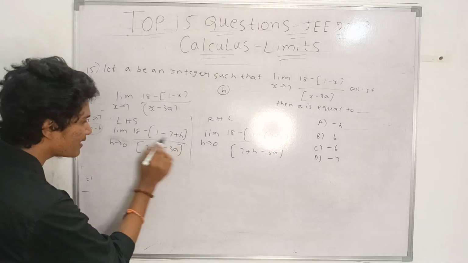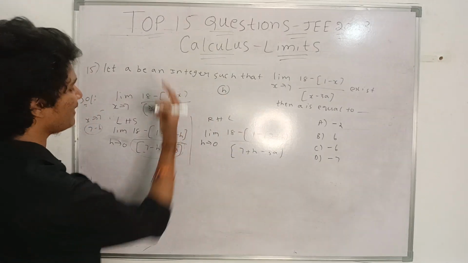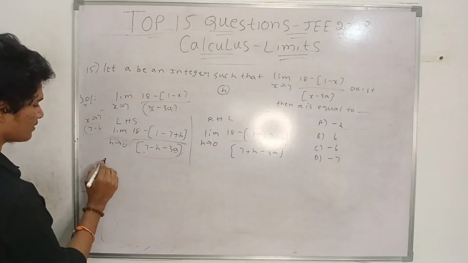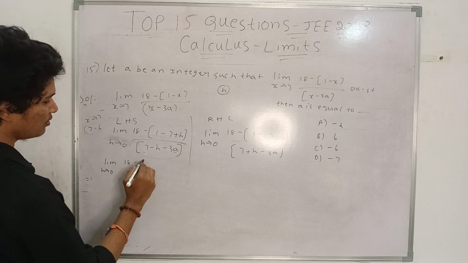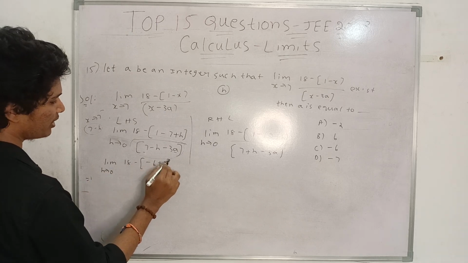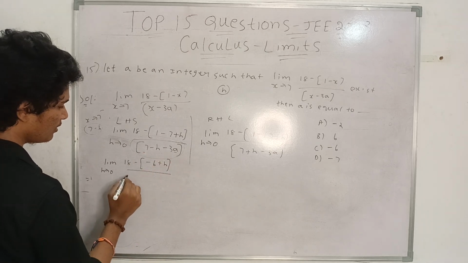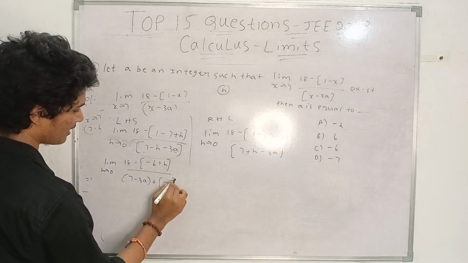When you observe these things clearly, here 7 is an integer, and they said a is an integer, so basically these things can be taken out. That is limit h tending to 0 of 18 minus [6 plus h] here, divided by 7 minus 3a plus the fractional part of minus h.